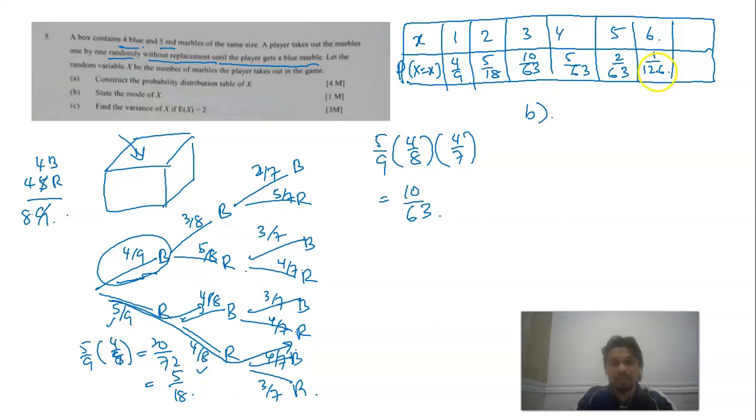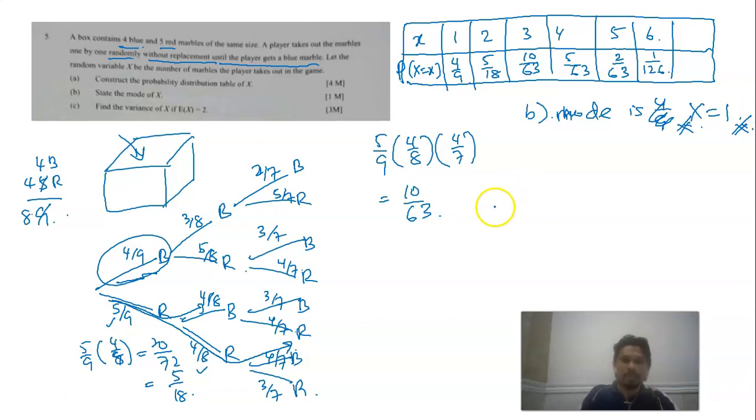But please remember, the higher the denominator, the smaller the value of the probability will be. So the mode, with the highest probability, is x equal to 1, 4/9, which is greater than all the other probability values. Okay, the mode is x equal to 1. There you go.